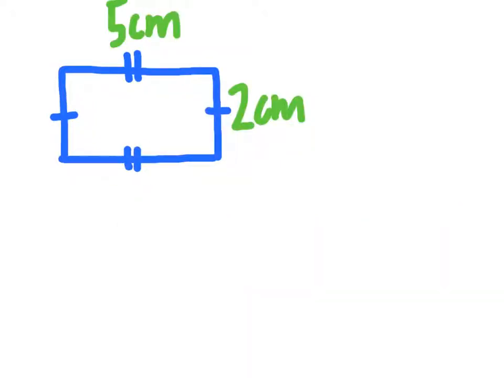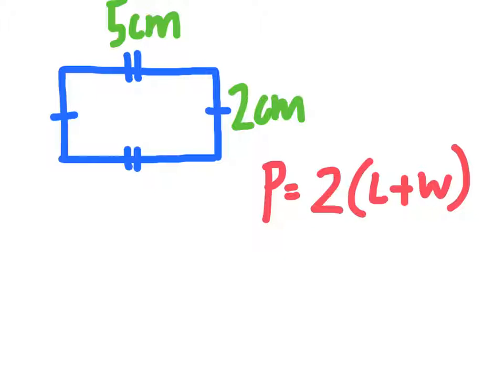For a couple of examples here, we'll use the rectangle which has a length of 5 centimetres and a width of 2 centimetres. To calculate the perimeter, we always start by writing the equation, so the perimeter equals 2 brackets length plus width, which equals 2 brackets, the length is 5 and the width is 2.